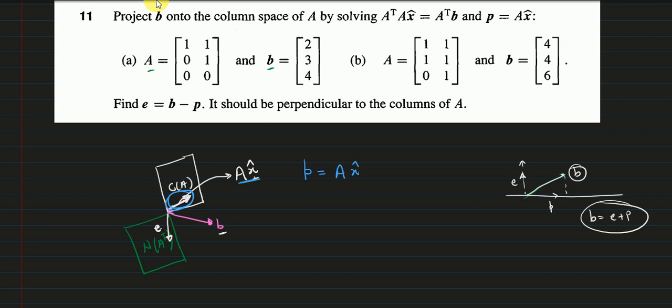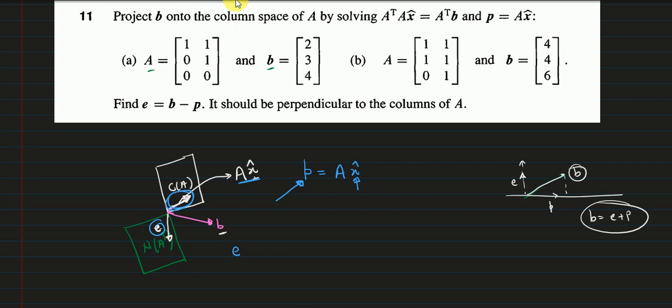If we know this x hat, then we will have this projection, right? So how can we find this? Also, what will this e component be?